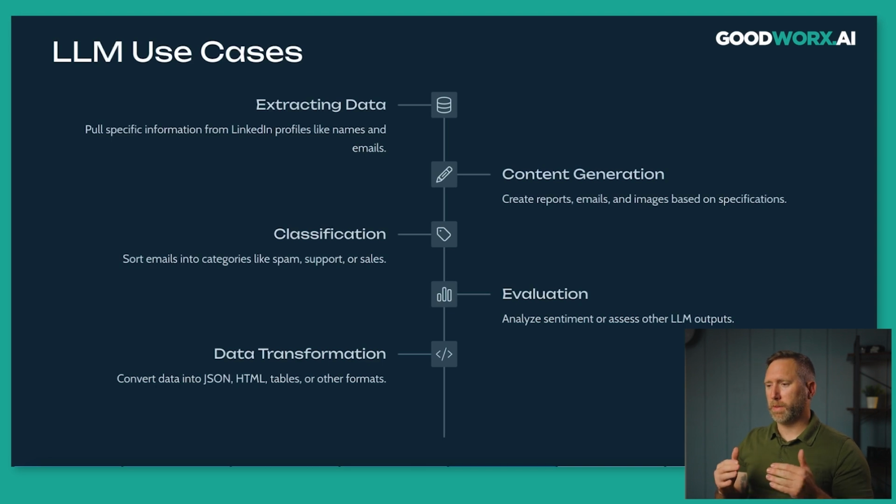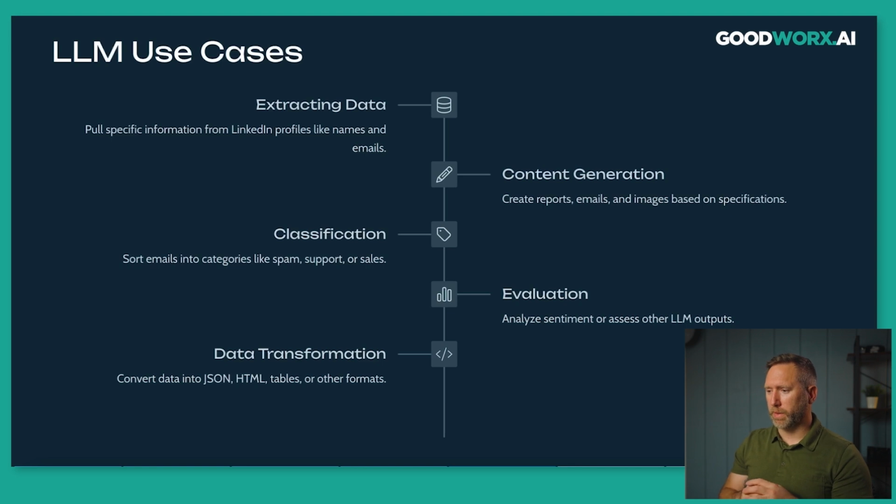Number two, content generation. This is something you might be more familiar with if you use ChatGPT a lot. It can be used to create reports, write emails, and even generate images now. Number three, classification. This is good for sorting emails, right? You get a lot of emails in your inbox, and you can classify them in different categories like spam, support, or sales. Number four, evaluation.